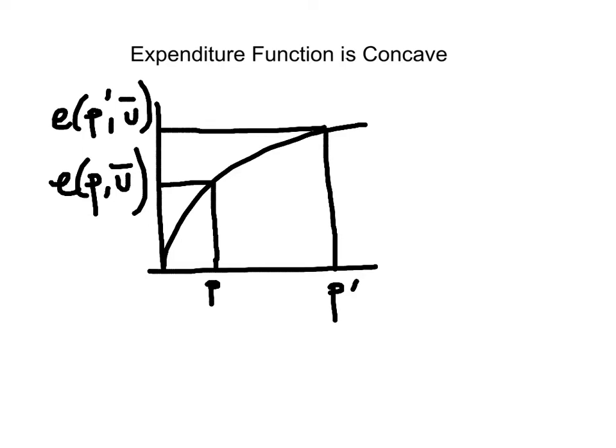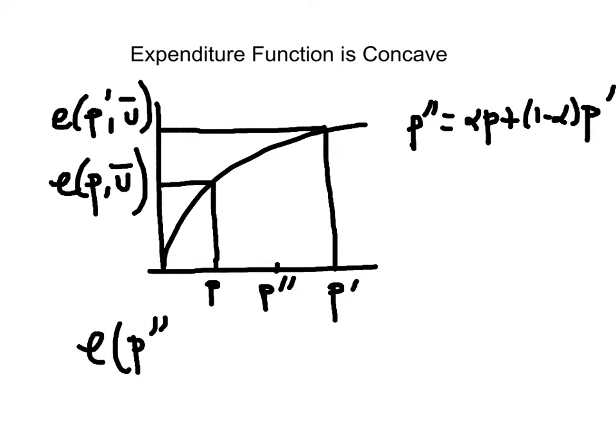The concavity means that if I look at a linear combination of P and P prime, P double prime, with P double prime equal to alpha P plus 1 minus alpha P prime, alpha being a number between 0 and 1, concavity of the expenditure function means that E of P double prime, U is greater than or equal to the linear combination of the expenditure at the P prime level and at the P level.